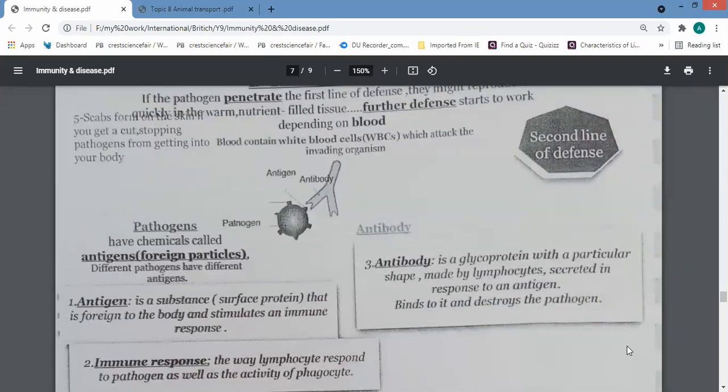Firstly, the structure of a pathogen. Any pathogen has chemical substances on its surface called antigens.